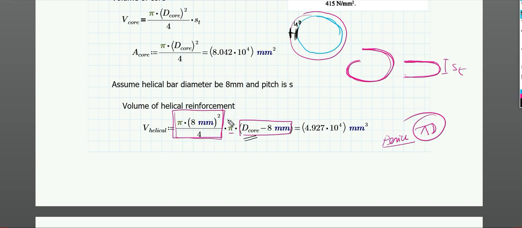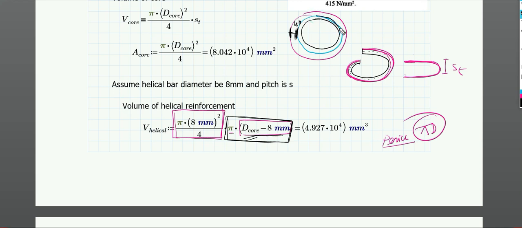As you are calculating the length of the spiral, the length will be most appropriate if you take the diameter up to the center of the stirrup. If you take the center of the stirrup, then you will get the actual perimeter or actual length of the spiral, right? That is why it is taken up to the center.